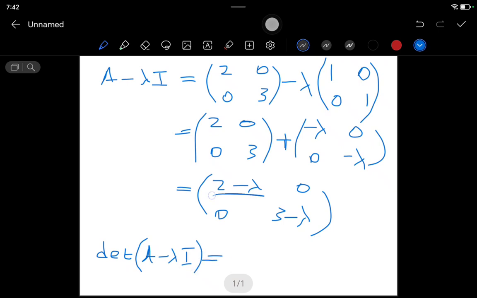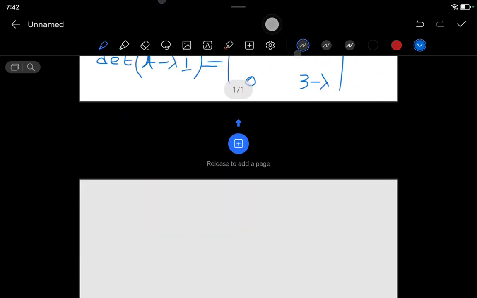Now we come and find the determinant of A minus lambda I. The determinant of this will just be this times this. I prefer to put it like this, because sometimes it won't always be this easy, you need to apply methods.